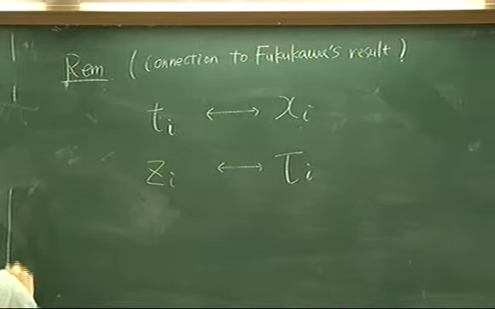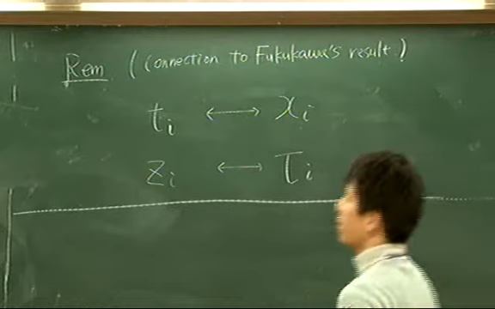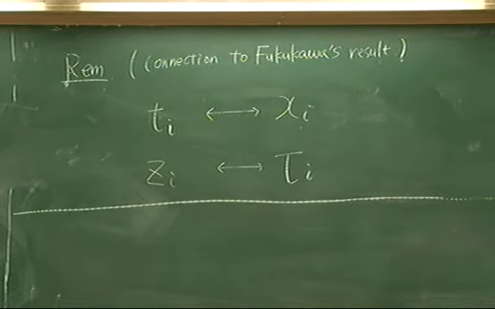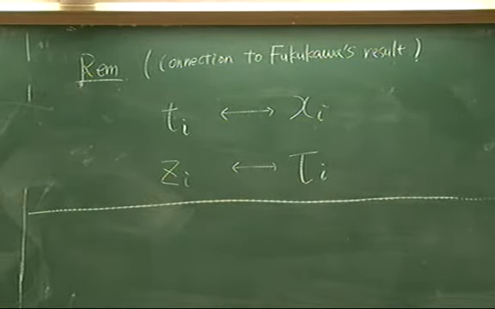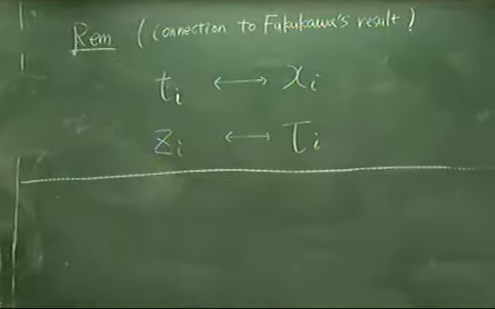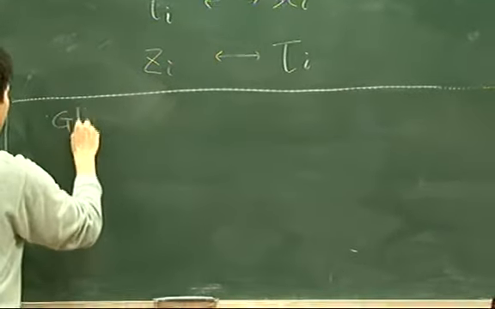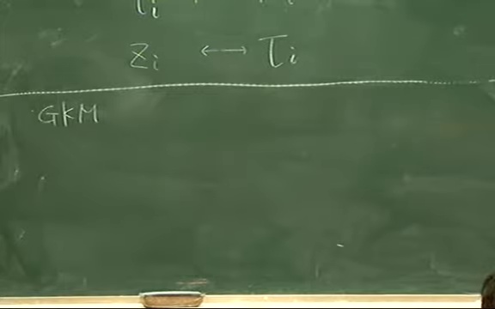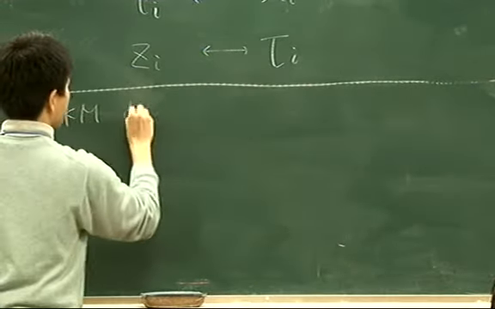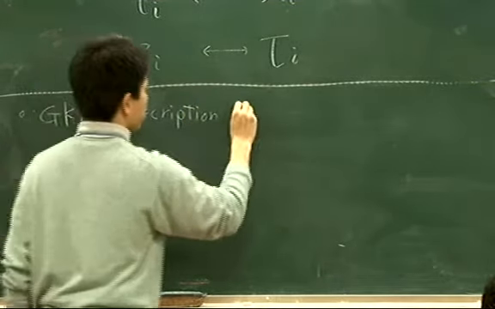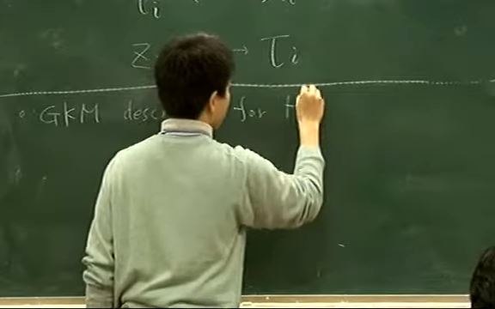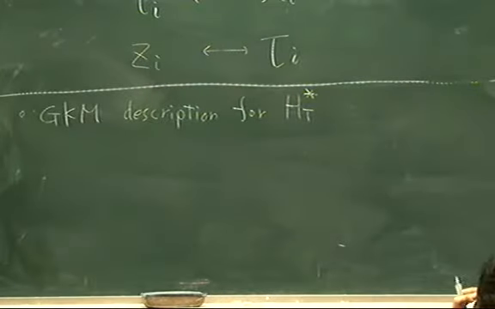That is what I wanted to explain by two descriptions, but I don't think I have time. So I just give some headlines. The other description is by the GKM graph, GKM description, or graph equivariant cohomology.